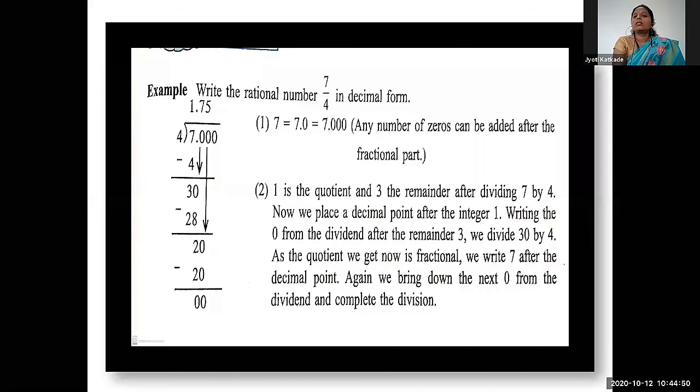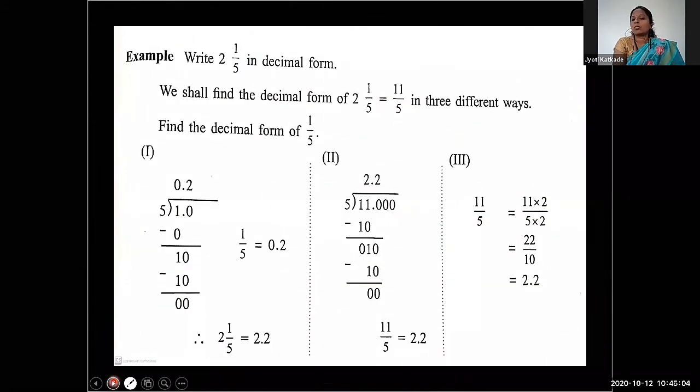When we get remainder 0, this is called a terminating or non-recurring form of the rational number. Now see how we can solve one example in a number of ways.